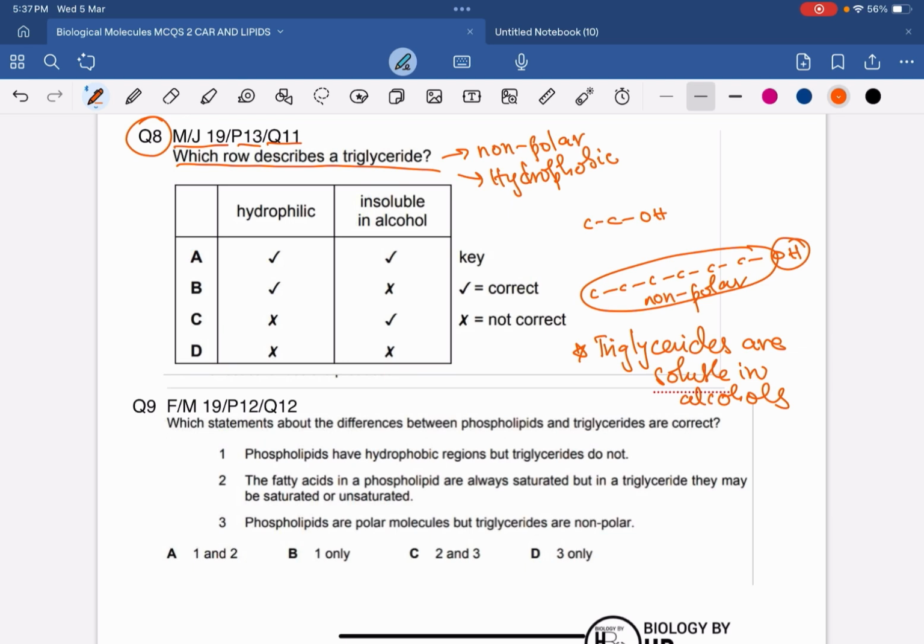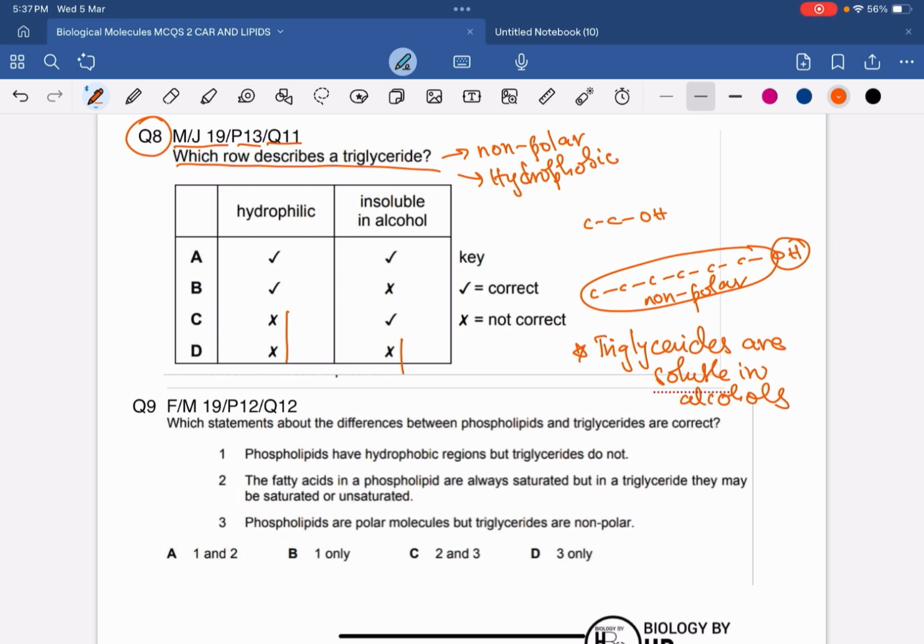The long chain alcohols. So which row describes the triglycerides? Hydrophilic? No, it is not hydrophilic, it is hydrophobic, which means that it is non-polar. Insoluble in the alcohol? No, the triglycerides are not insoluble in the alcohol. Majority of the times the triglycerides can be soluble in the alcohol. Why?